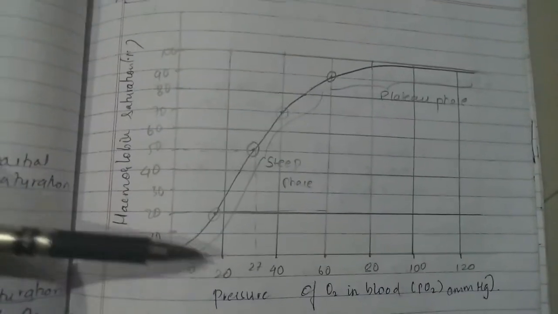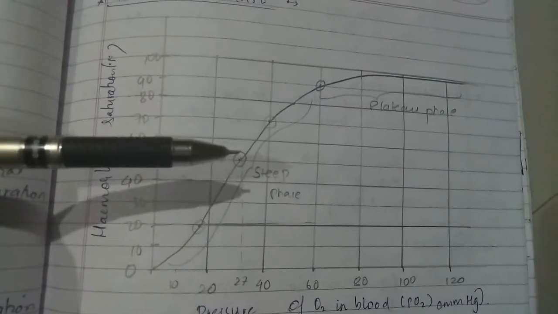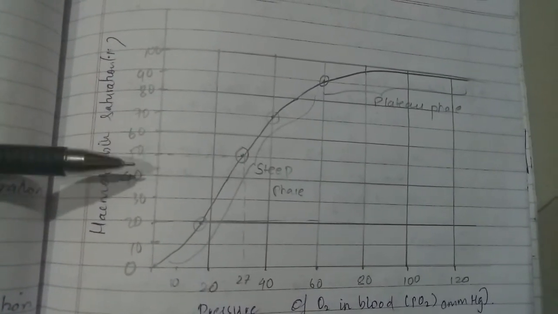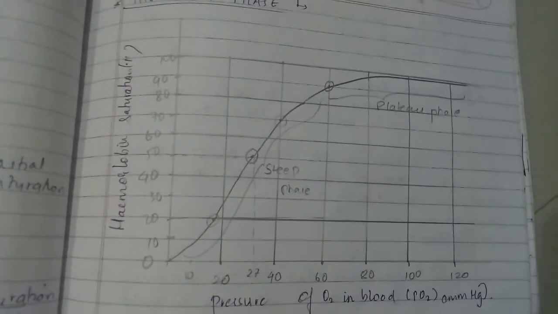Let me repeat again. The pressure of oxygen in blood at which the hemoglobin saturation is 50% is known as P50, right?